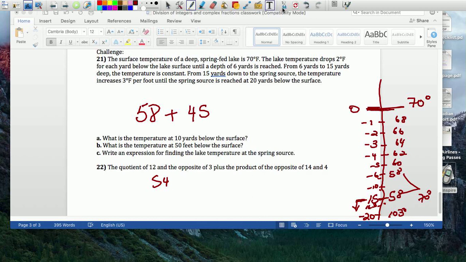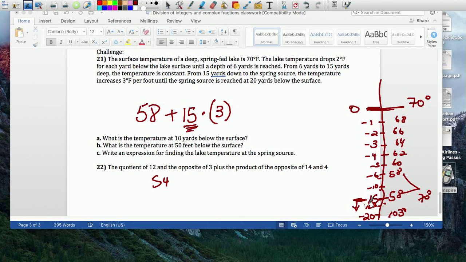So from 5 to 20, it's 5 yards, right? In 5 yards, there's 15 feet. So at 15 is 58 degrees, and you're going to have 15 feet over here.